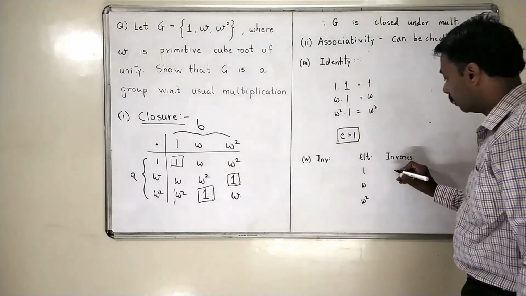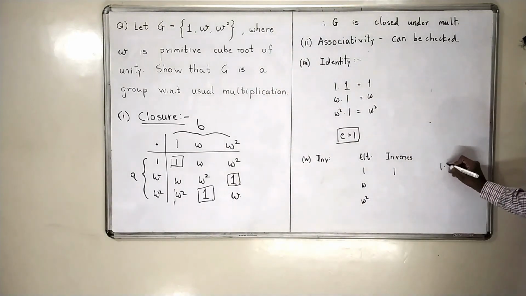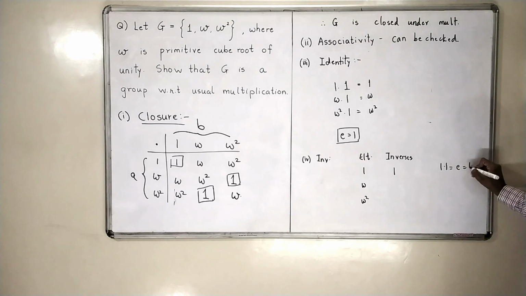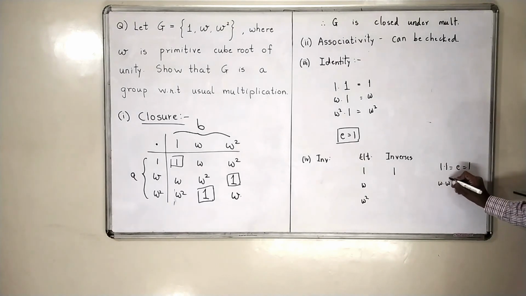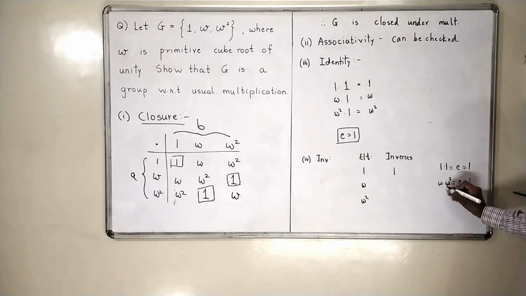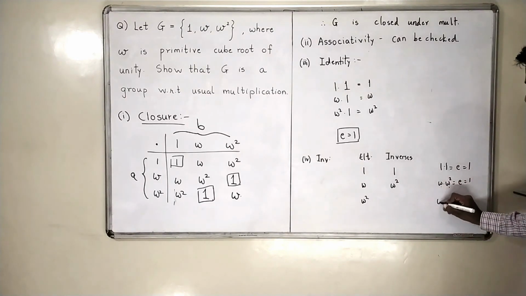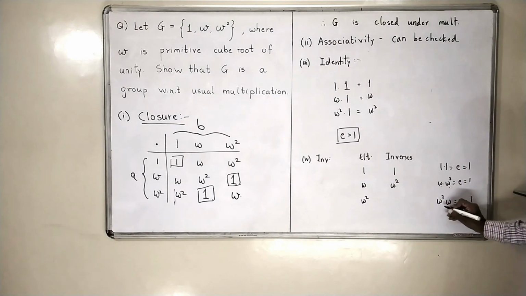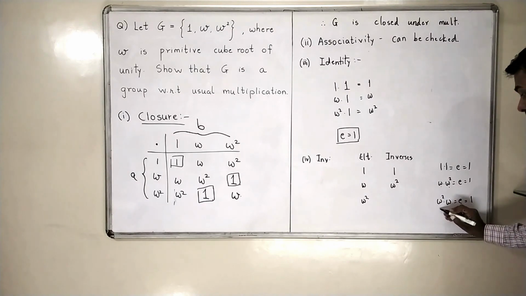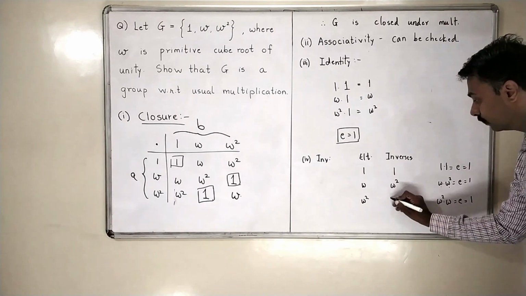So 1 into 1 is 1. Omega into omega square is identity, which is 1. Therefore, inverse of omega is omega square. And omega square into omega is also equal to identity, which is 1. So, inverse of omega square is omega.